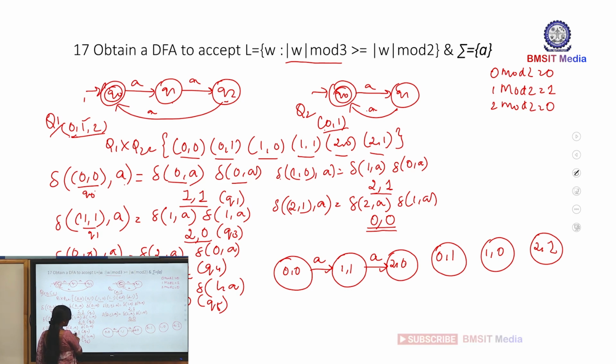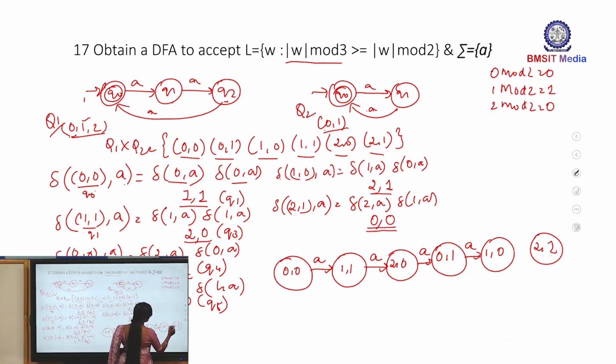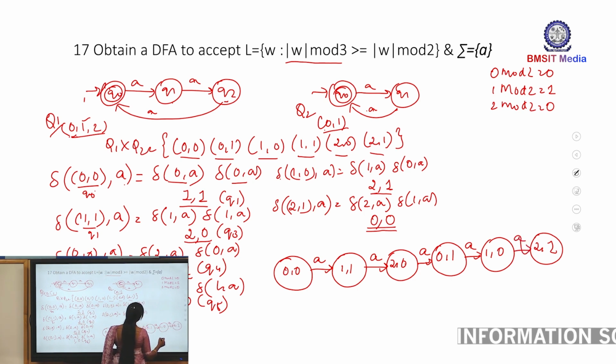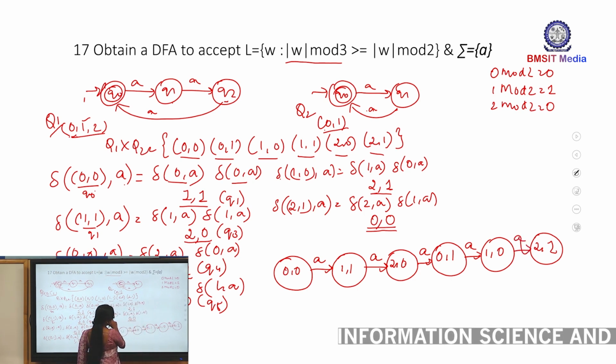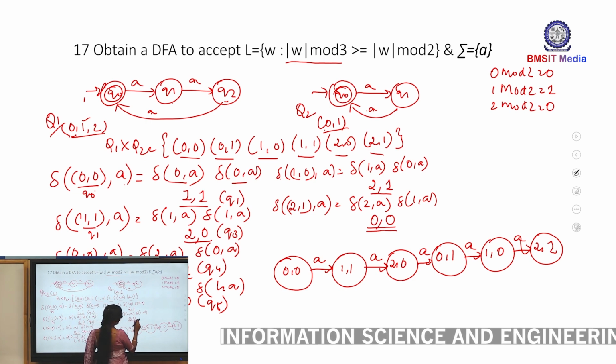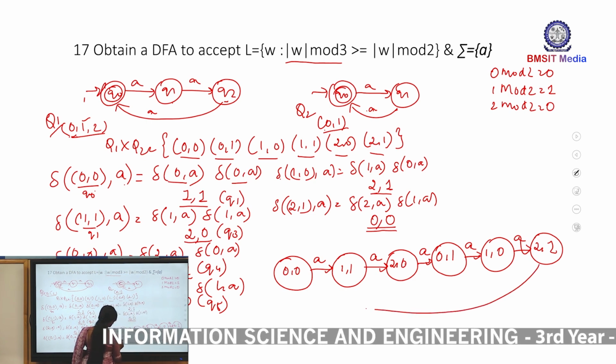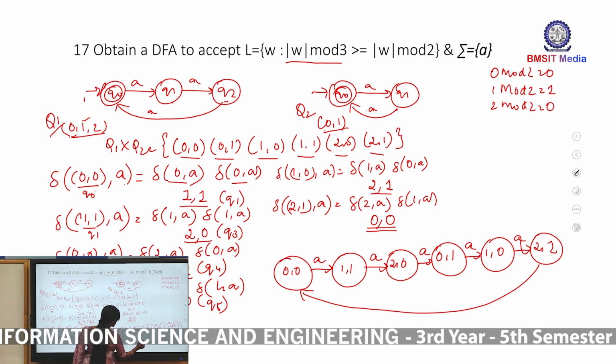On seeing an A, it makes a transition to (0, 1). Now the current state is (0, 1). On seeing an A, it goes to (1, 0). I am in the state (1, 0). On seeing an A, we reach (2, 1). I am in the state (2, 1). On seeing an A, I reach (0, 0).